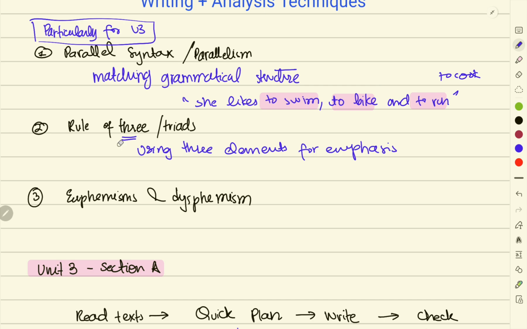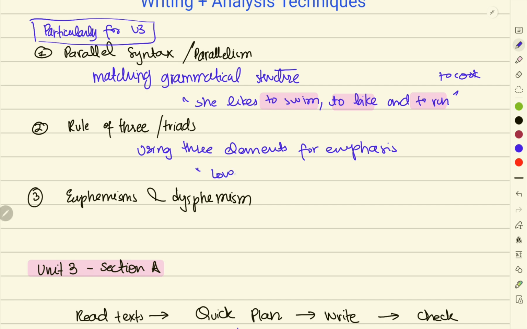But when you're talking about triads, it's the rule of three, so you only use three. Words that have a similar idea, you put them together. This is a rhetorical device used to make the text more memorable, more effective. Again, it adds flow to your writing. It gives substance to your writing, so you have something to comment on. You're not just writing random stuff, right?